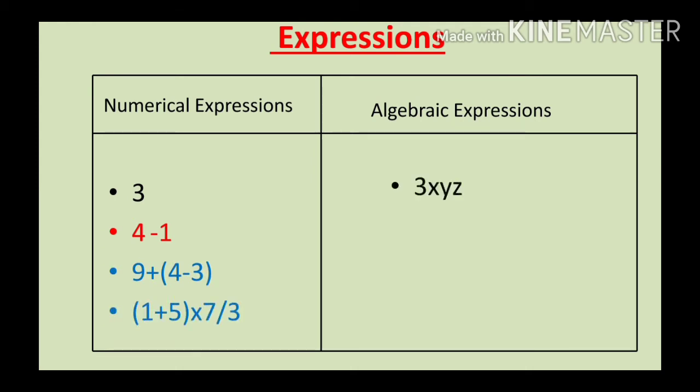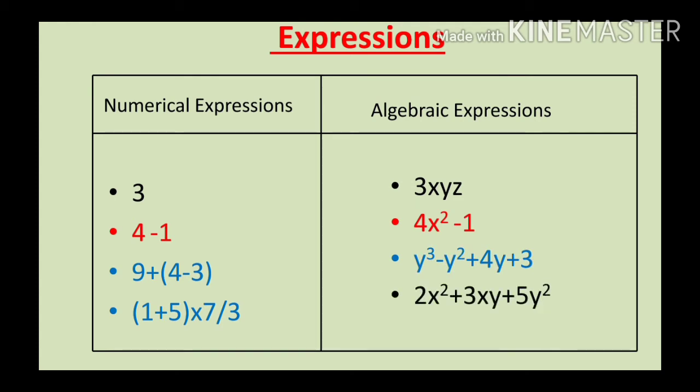Here are examples. An expression containing at least one variable is called an algebraic expression. Examples also: the first has a single term, the second has two terms, the third has four terms, the fourth has three terms, and the fifth also has two terms.